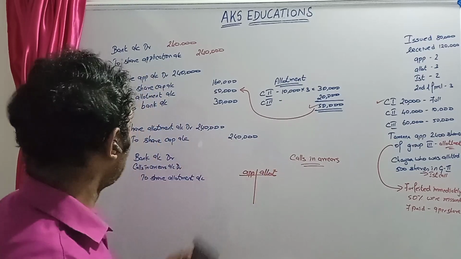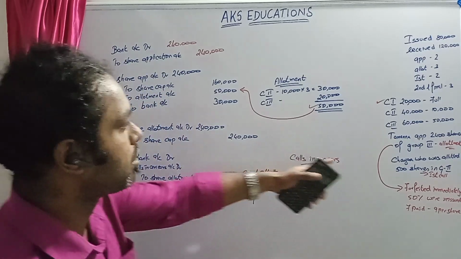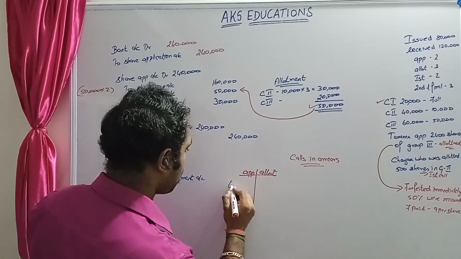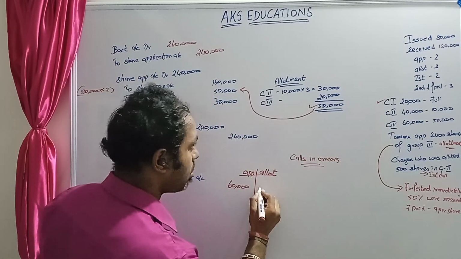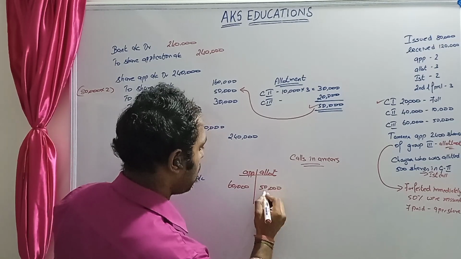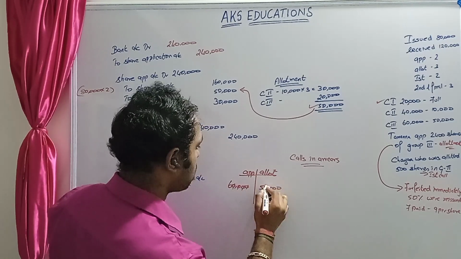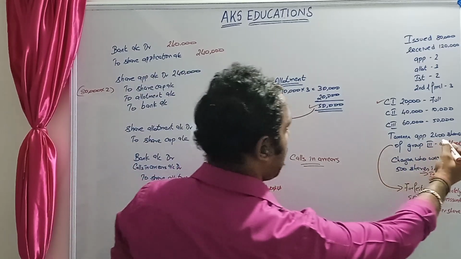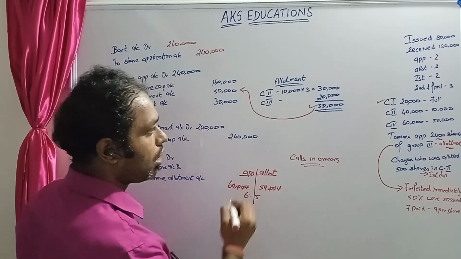How much is it in group 3? So group 3, 60,000 and 50,000. So obviously all 0 goes. So it is 6:5.